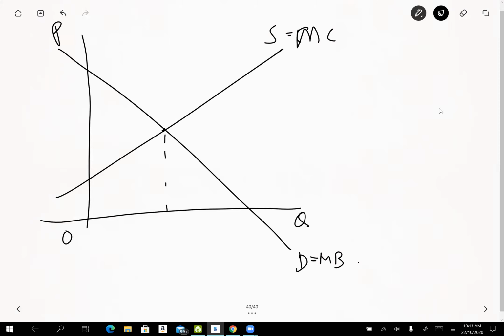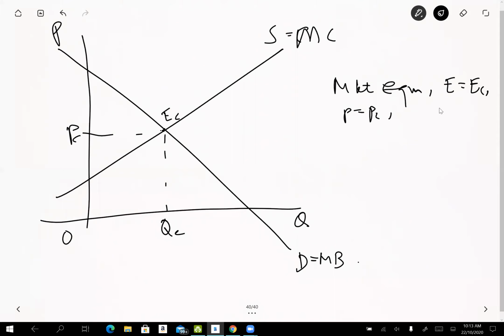Demand equal to supply, you get the equilibrium here, call it EC. You've got QC, the price will be PC. So under the market equilibrium, the equilibrium is at EC, where the price equals PC, Q equals QC. That's the market.